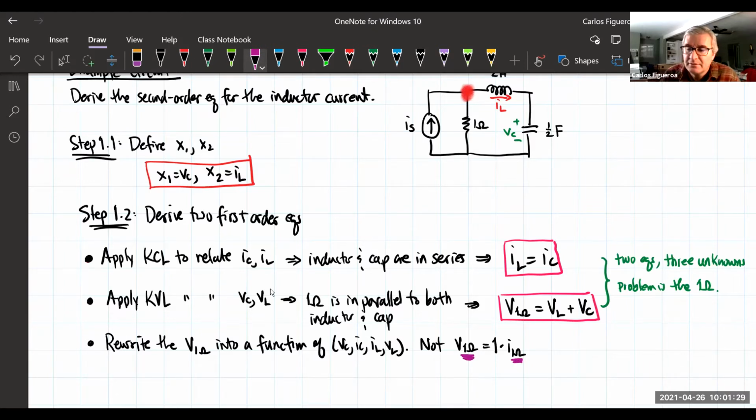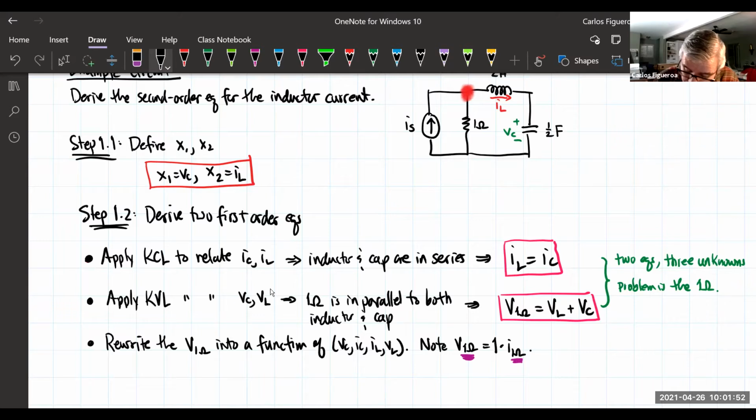Now, it turns out you have a couple of ways of dealing with this. What I'm going to say is that I can rewrite the current of the inductor and the source into I1.